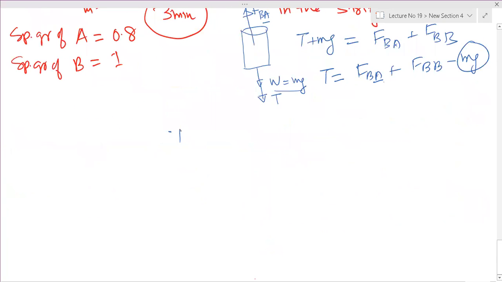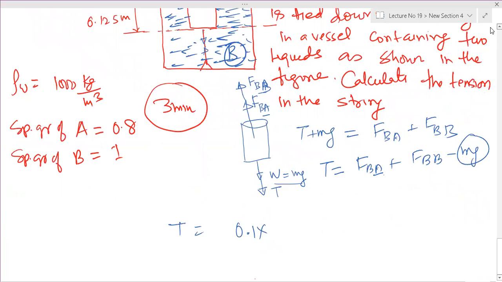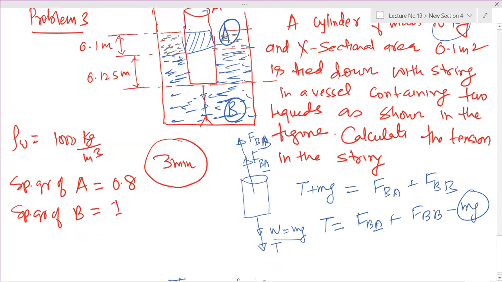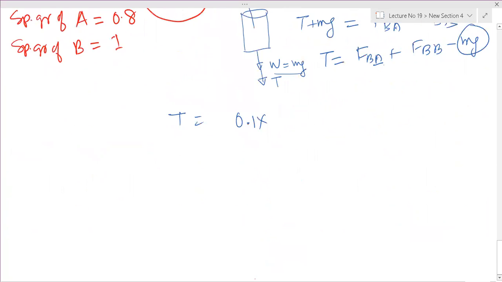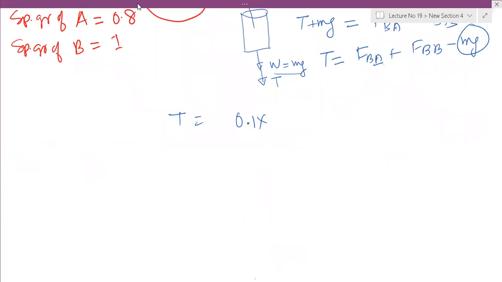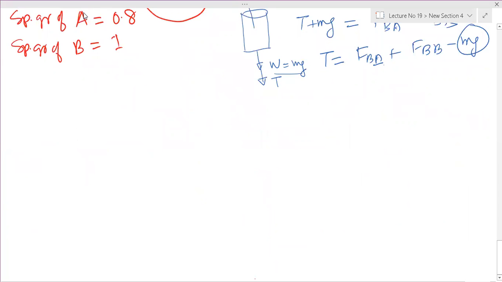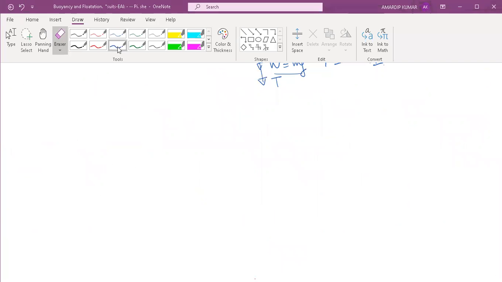So we can now write T is equal to area of cross section 0.1 into 0.1, and so on. With clarity we are going to write it.